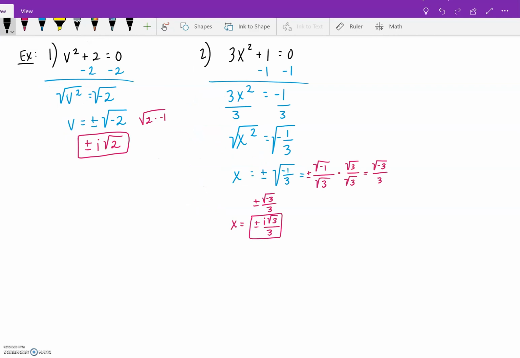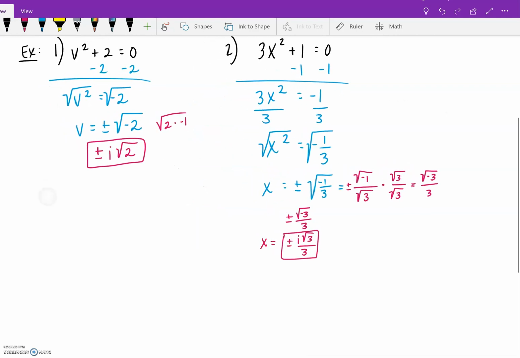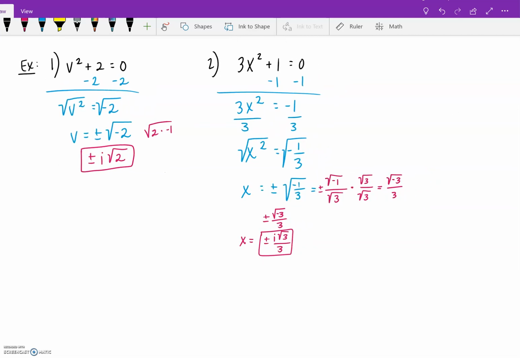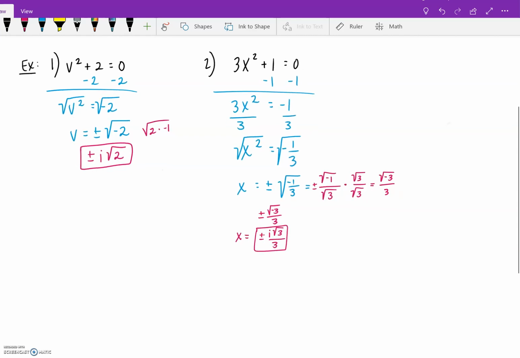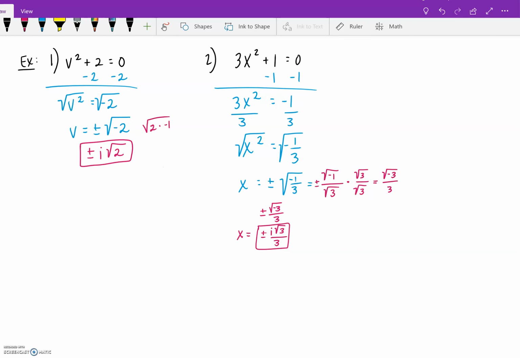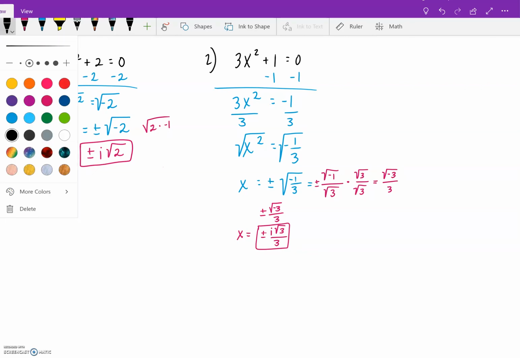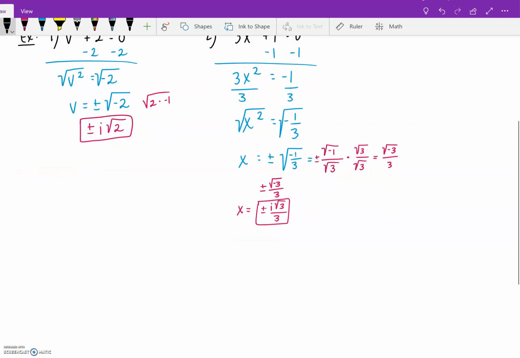Of course, with both of these examples, you were able to use the method of solving by taking the square root. If you're able to recognize that there's no bx term, I recommend doing it this way. And if you don't see it and you have to use the quadratic formula, that's okay too. I'm going to show an example now where the best bet is to use that quadratic formula.